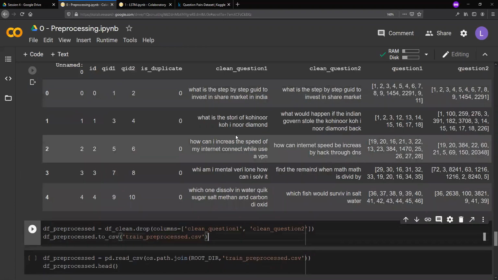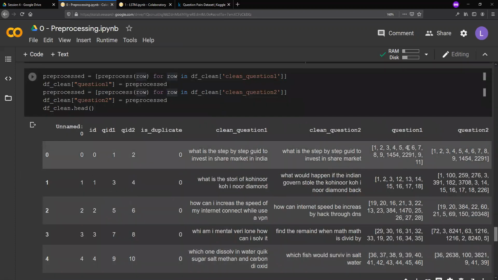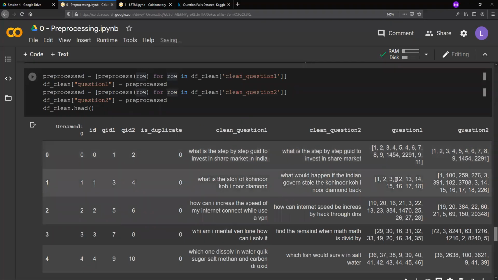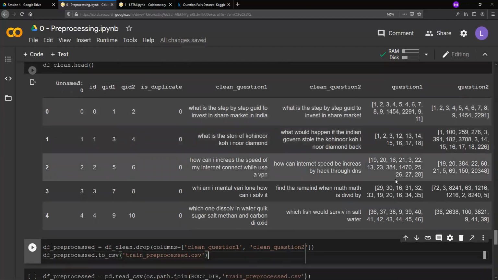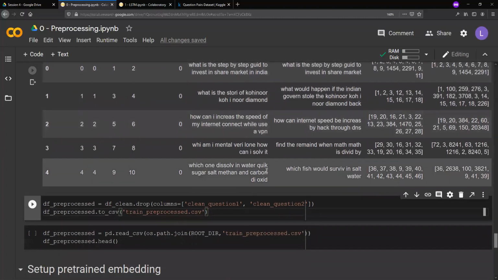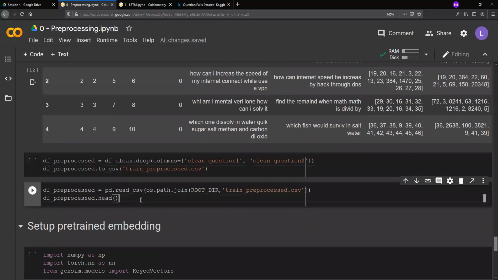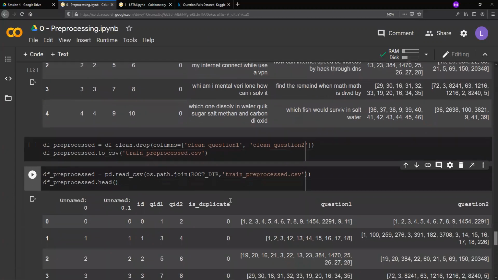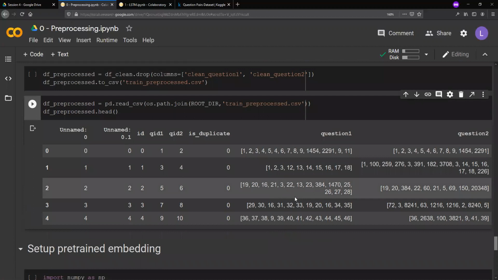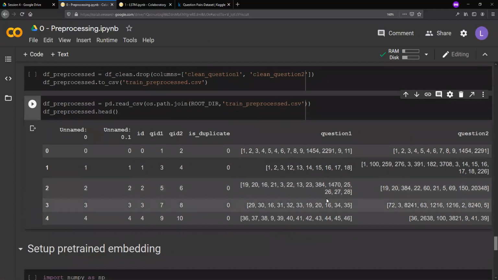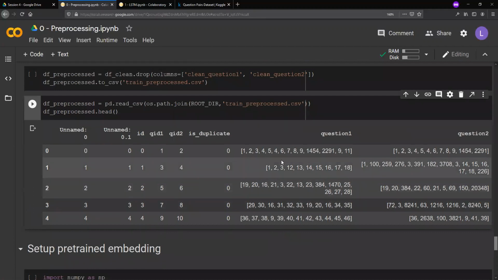And we see that we have the clean version and we have its representation in terms of the ID of each word. Again, we can save those results. And this is our pre-processed data where we're just looking at the IDs.